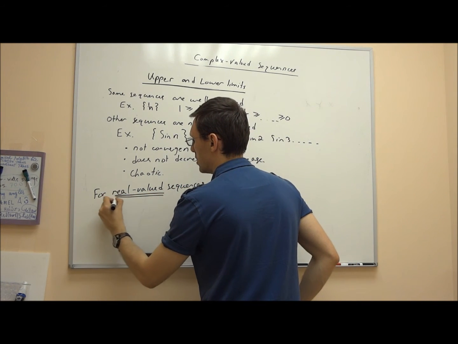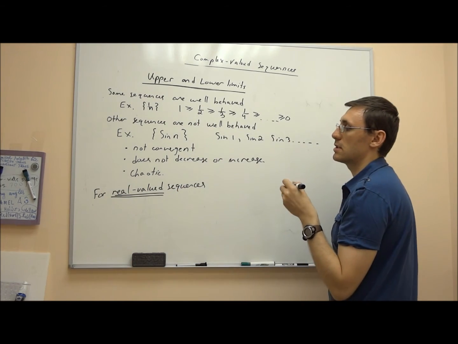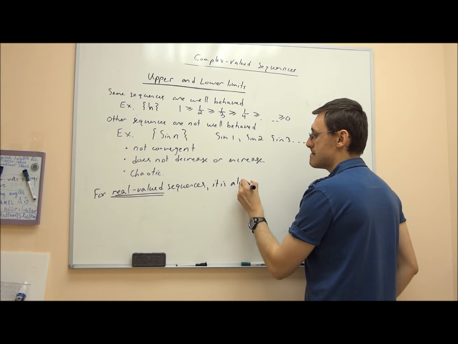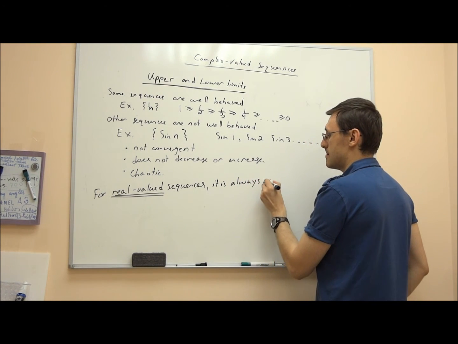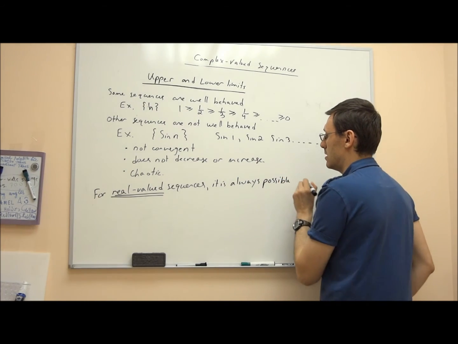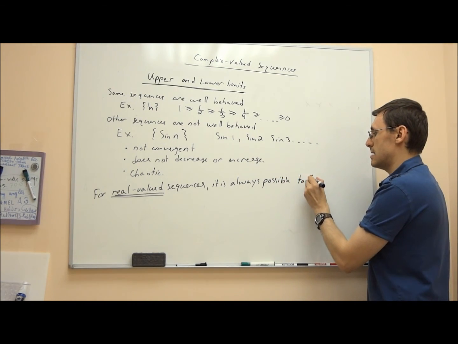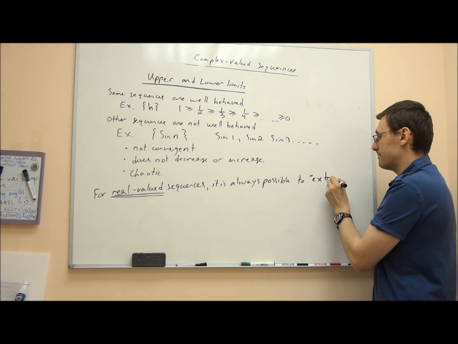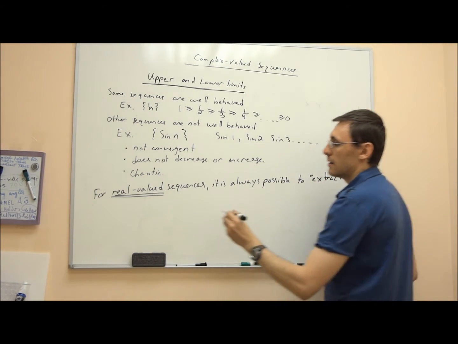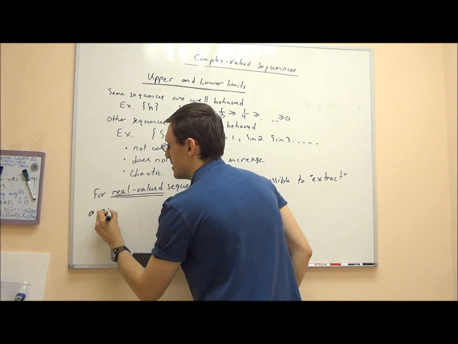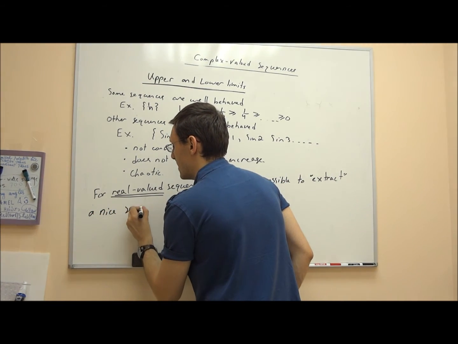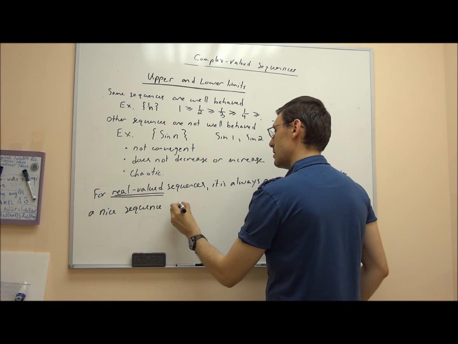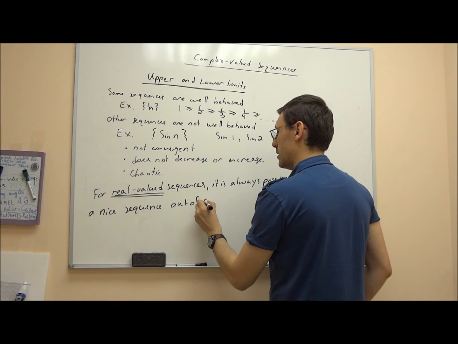We just talked about generally complex valued, but for real valued sequences, it is always possible to, I'll put it in quotation marks, extract a nice sequence out of a bad one.